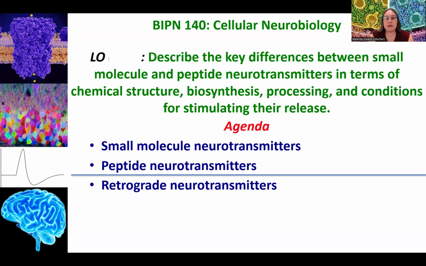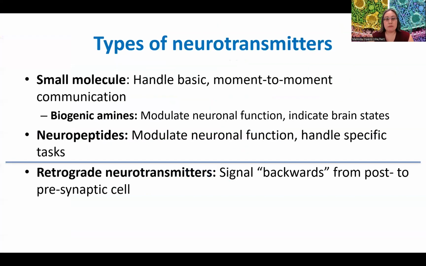And we talked a little bit about their release when we talked about the different types of vesicles, so we'll be revisiting that again. We're mainly going to focus on the small molecule and the peptide neurotransmitters, but I'm also going to talk briefly about the retrograde neurotransmitters, which is something that you'll want to know about if you continue in neuroscience.